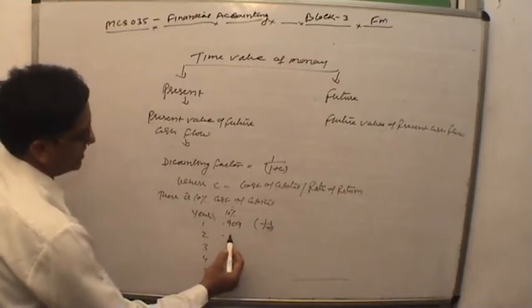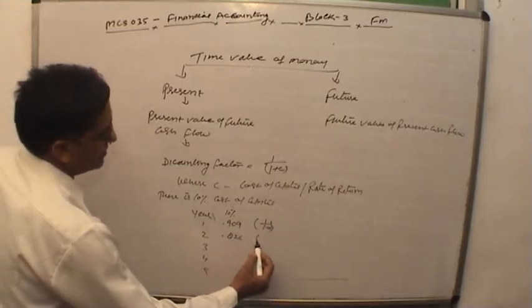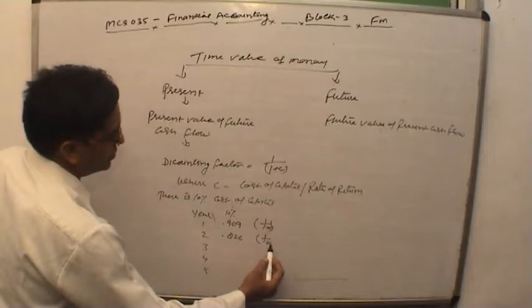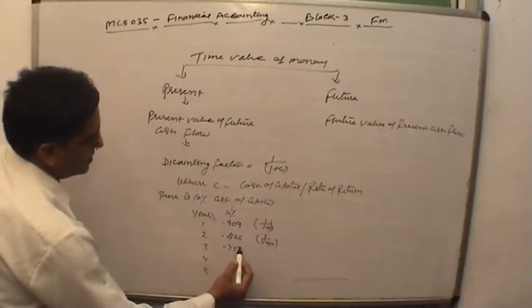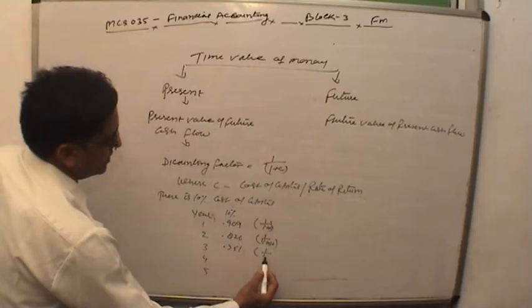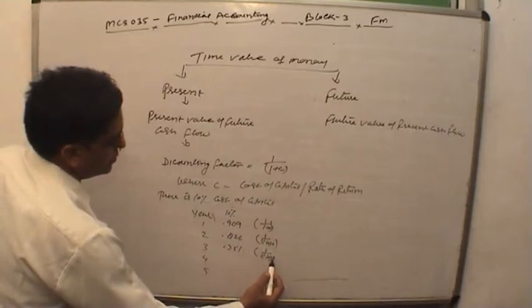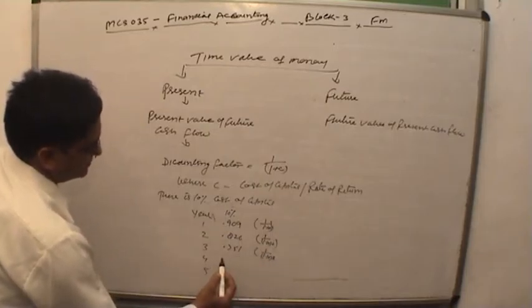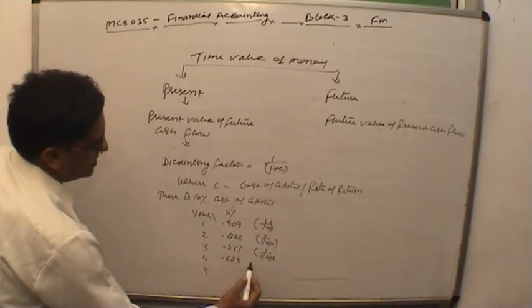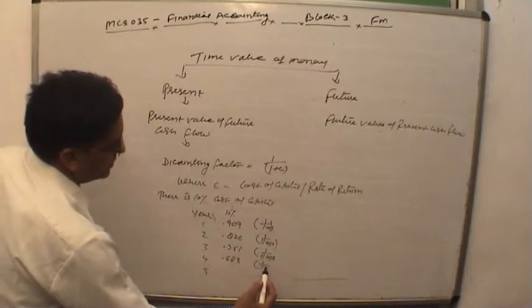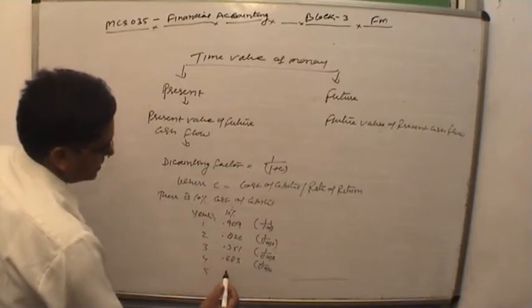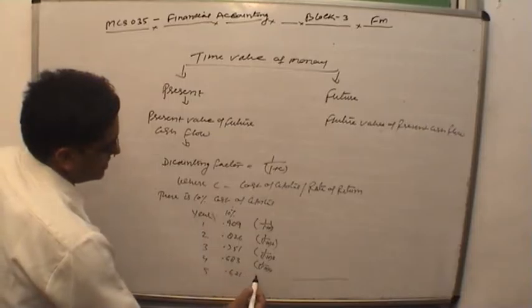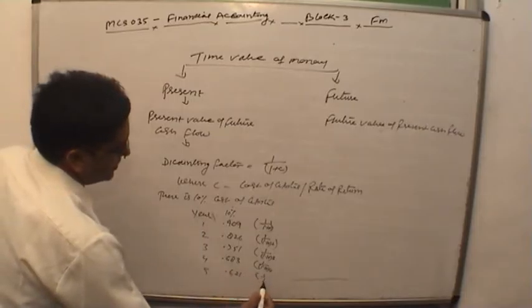The second is 0.826, calculated by 1 upon 1.10 squared. Then 0.751, calculated as 1 upon 1.10 cubed. Then 0.683, calculated as 1 upon 1.10 to the power 4. Then 0.621, calculated as 1 upon 1.10 to the power 5.